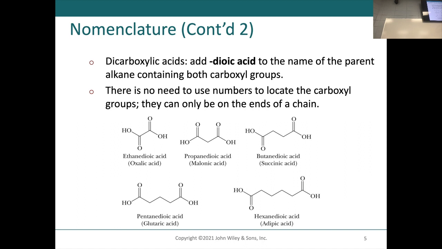We can also have molecules that have multiple carboxylic acids in them. These are just a few examples. These are called dioic acids. And since there's two of them, you'll notice in the name, it's dioic. Ethane dioic acid. Where does the ethane come from?